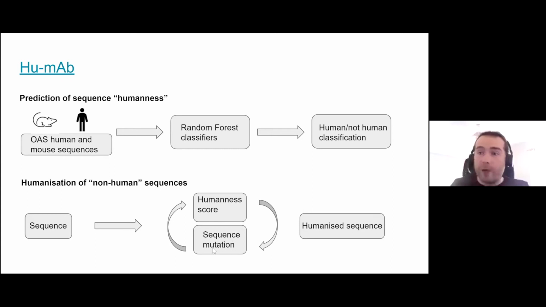And so we can iteratively, very quickly, certainly much more quickly than doing an experimental mutation campaign, go through this process of making mutations, assessing whether the sequence looks sufficiently human, and continuing to do so until we arrive at a sequence that we consider to be sufficiently human that we would be happy to proceed with it. And again, thinking about doing this rationally, we make these mutations only to the framework region.